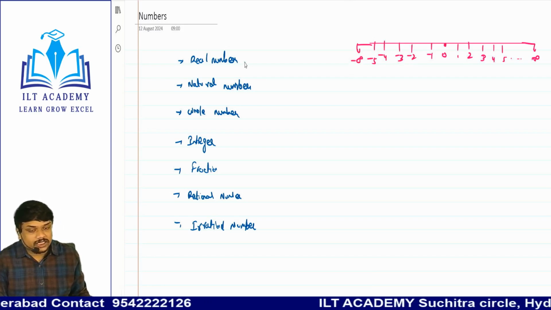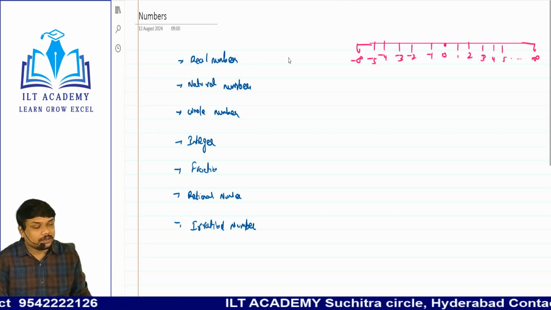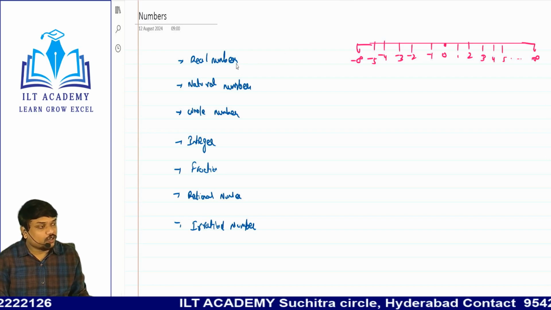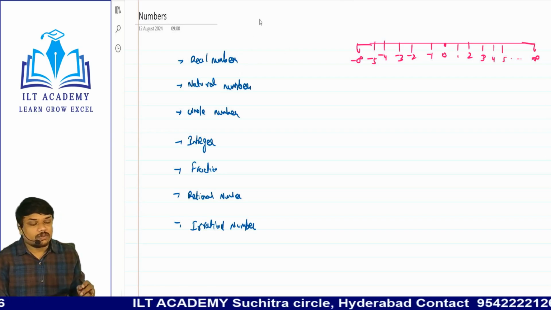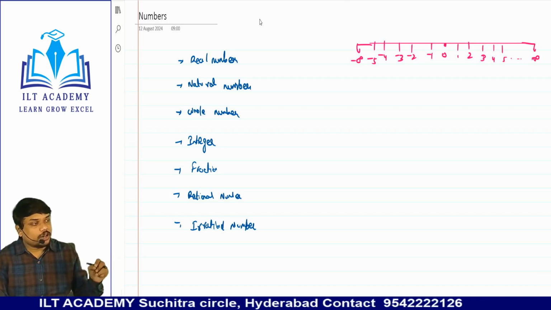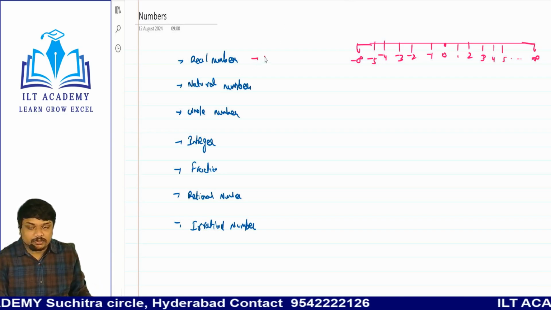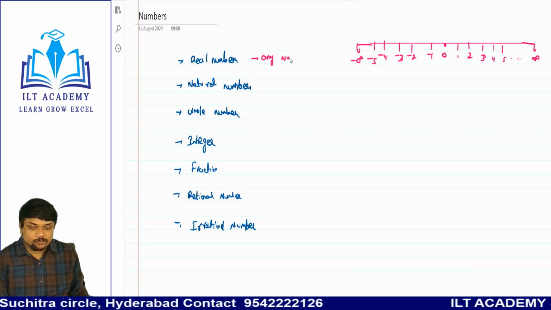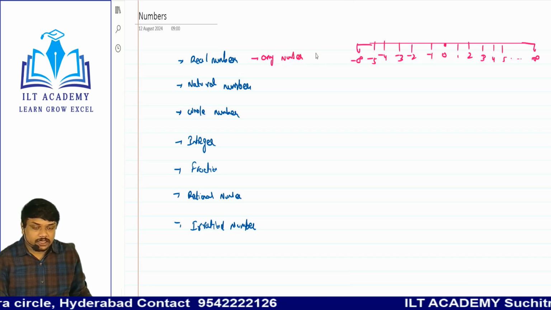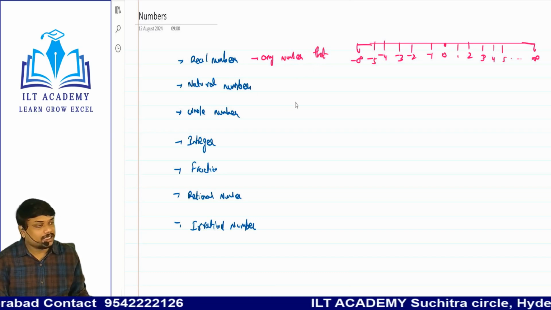Now what is a real number? Any number that you can mark on the number line is called a real number. That might be 1/3, 1/4, 2/4, 2/7, 1.333, 1.444, 1.555, 2.579, 3.799. Any number that you can mark on the number line is called a real number.